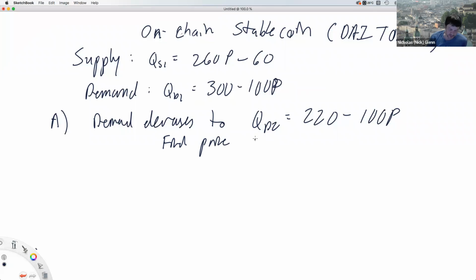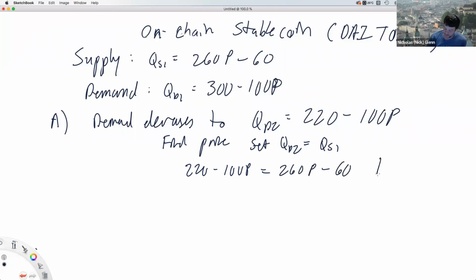To find the price, we set the new demand equation equal to supply. So that's going to be 220 minus 100p equals 260p minus 60. We're going to add 60 to both sides and add 100p to both sides.